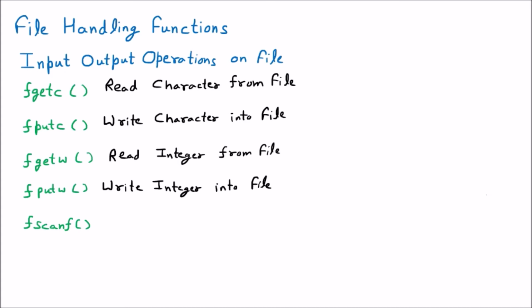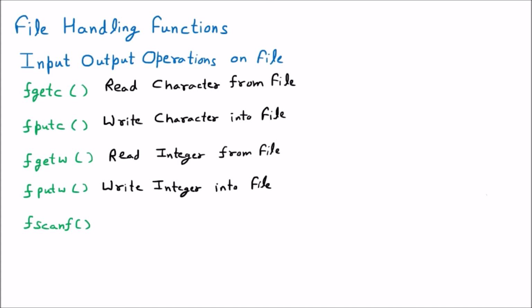Maybe in your mind there can be a question that although we are having fgetc, getw, then what is the need of fscanf? We should know one thing. fgetc is reading one character from the file. getw is going to read the integer from the file. But what if I want the mixed data?